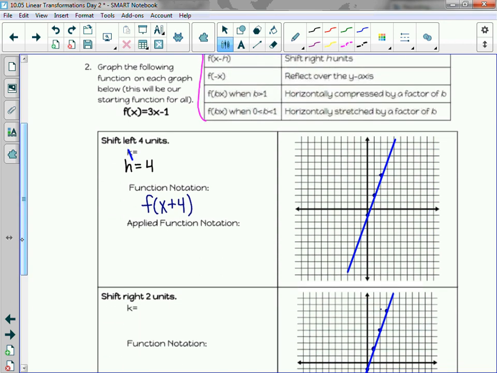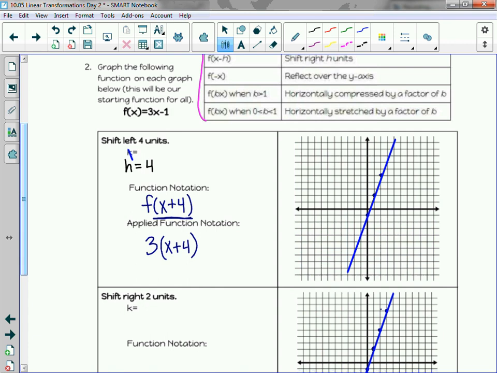So let's apply our function notation. Let's bring our original f of x, right? So our f of x is 3x minus 1, but look what's happening here. It's inside the parentheses. So wherever we see x, it's now x plus 4. That's kind of like when you're solving functions.